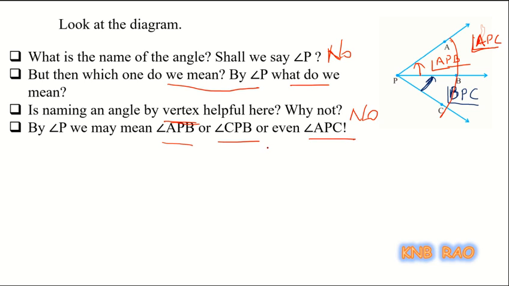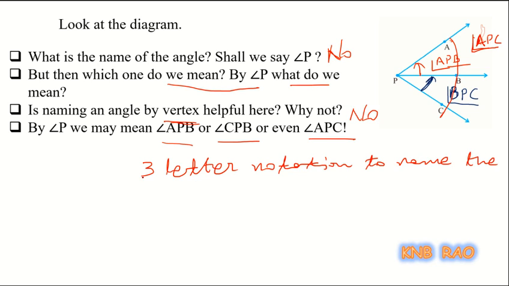So to avoid that confusion, instead of writing angle P with one letter, always use three letter notation to name the angle. Okay, this is one important thing which you have to remember.